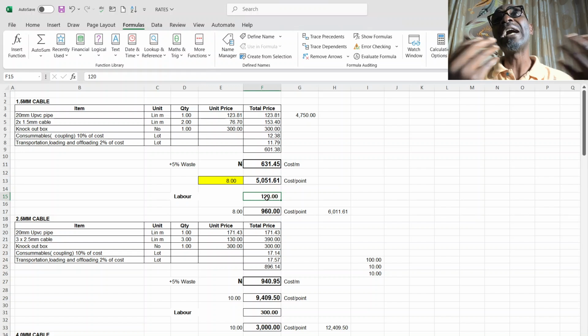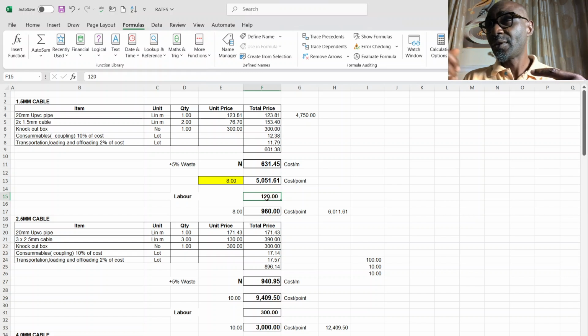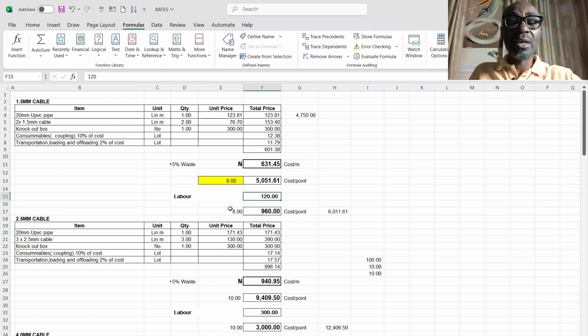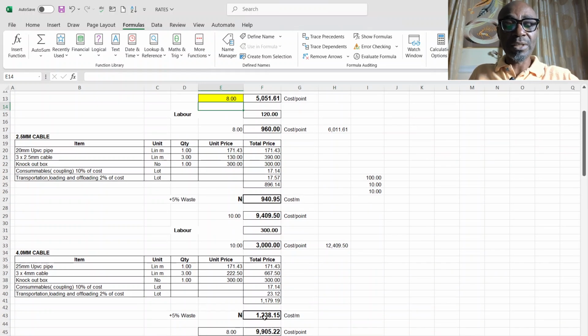And if I divide it per all the points, including the sockets, the switches and all, the cable and the piping and all, I'm getting, say, 100 naira per meter. I apply that, multiply by whatever, it gives me what my cost is.